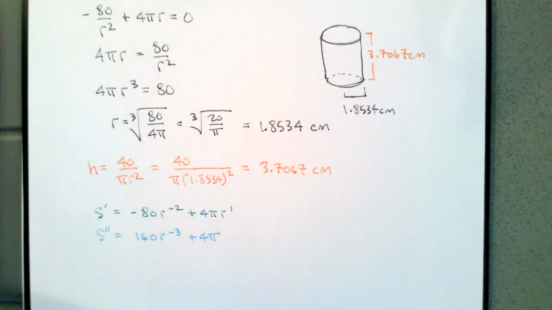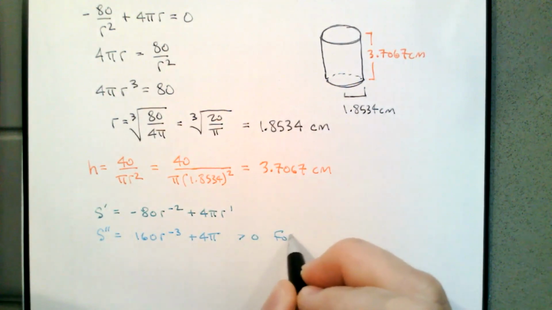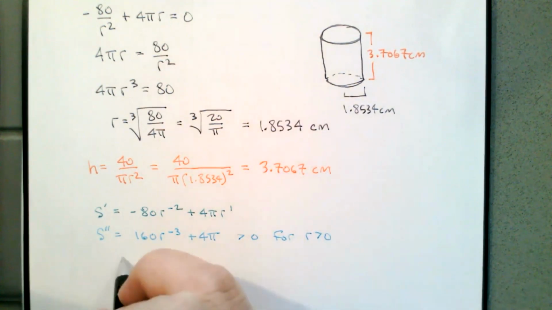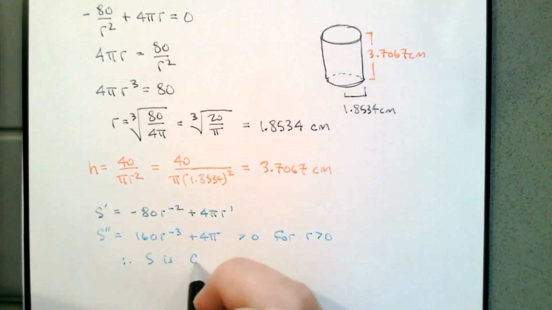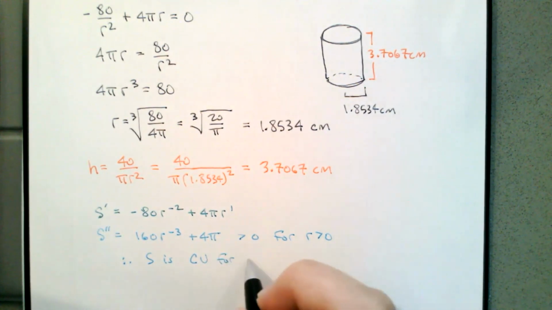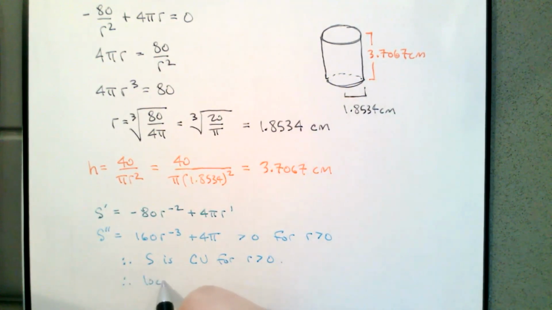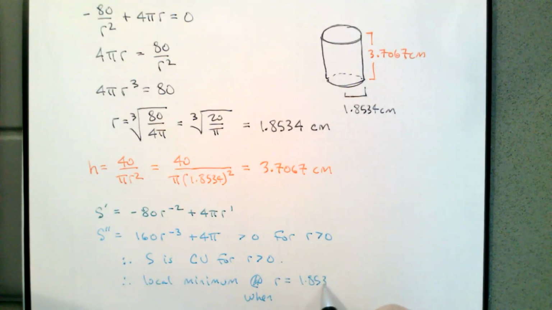Since r is positive, if we plug a positive number into this expression, S double prime is going to be positive. Therefore, S is concave up for r positive. Therefore, we have a local minimum, when r is 1.8534.